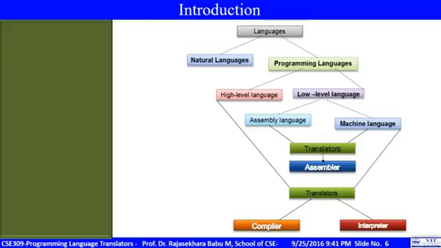Similarly, coming to the high level language, the other broad category under programming languages. High level language is much more convenient than assembly language. As I told you, the disadvantage with assembly language is that it may be easy to understand and remember, but it varies from machine to machine. It is machine dependent.